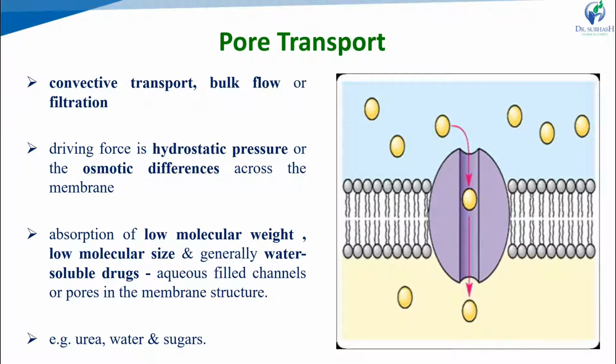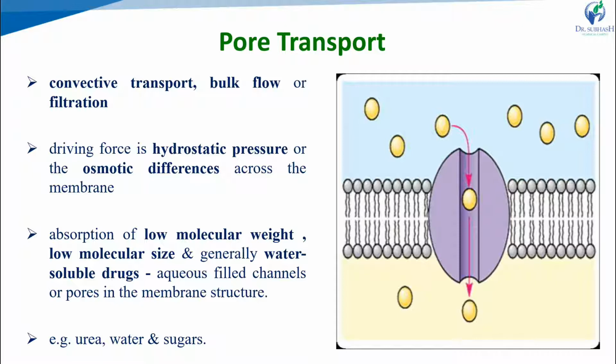The second mechanism of drug transport or absorption is pore transport. Pore transport is also called convective transport, bulk flow or filtration. Here the driving force for pore transport is hydrostatic pressure, or we can say osmotic difference across the membrane. Low molecular weight, low molecular size water soluble drugs generally cross by the pore transport mechanism.